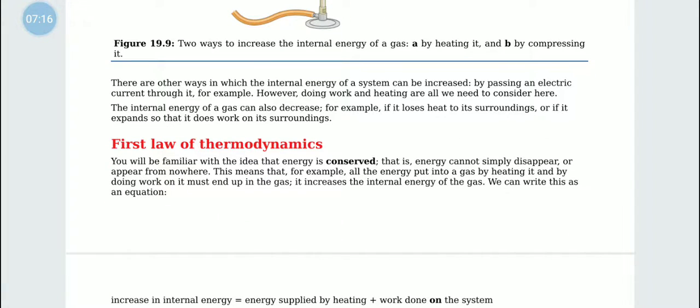But these are the most obvious ways of increasing internal energy. By passing electric current, and there are other methods that we can follow to increase the internal energy. But here we are basically concentrating on heating and compressing, or doing work on it.